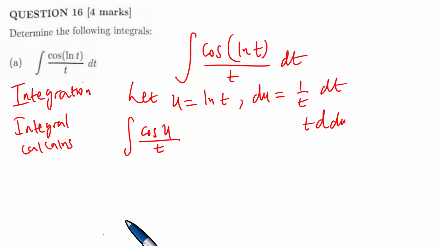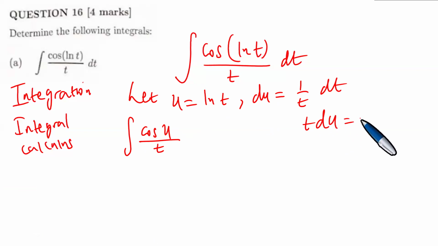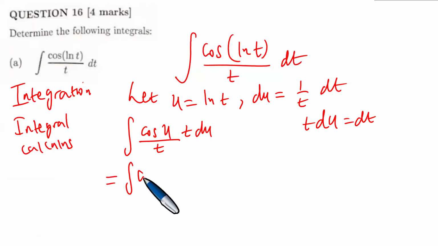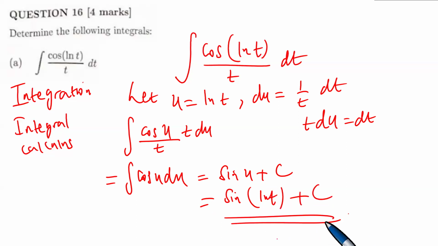It is t du. So t du is dt, the t cancels, giving us the integral of cosine of u du, and therefore this is the sine of u plus c. Which means that it is sine of ln t plus c.